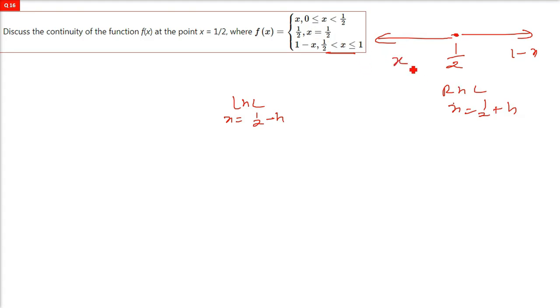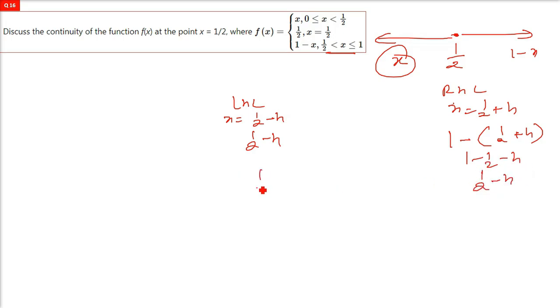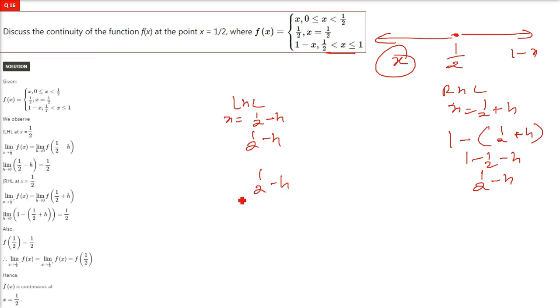The function what we are going to use? X is half minus h. It is directly x only, so half minus h. Here 1 minus, in place of x replace half plus h. 1 minus half is half only, and because of negative h, half minus h. Now half minus h, apply the limit h tends to 0, it will be half and half on both the sides.